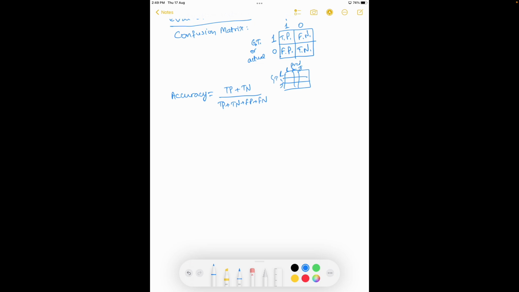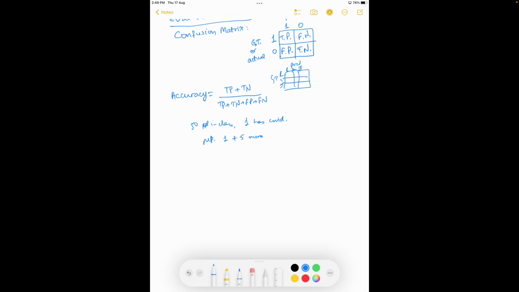Let's say there are 50 people in the class. Okay, problem statement: 50 people in the class, one has COVID actually. The machine predicted yes for this person, plus five more people it predicted have COVID.